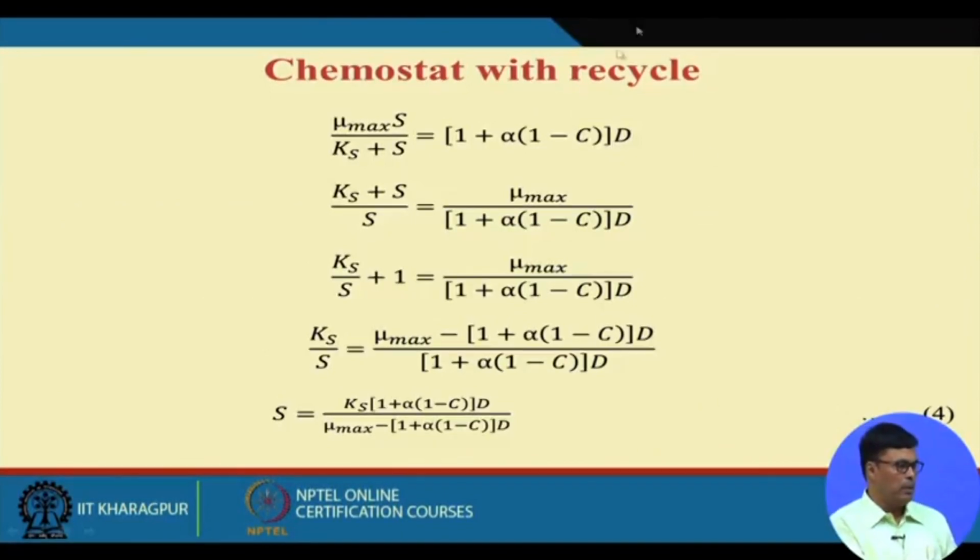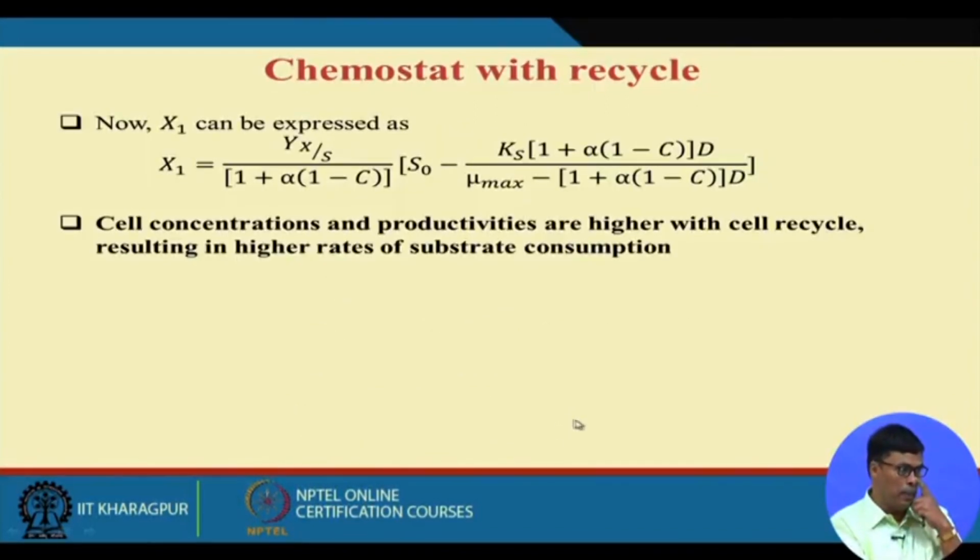The chemostat with recycling is further analyzed, and we find the value of S like this, and X1 we can express similarly. The cell concentration and productivities are higher with cell recycling, resulting in a higher rate of substrate consumption.